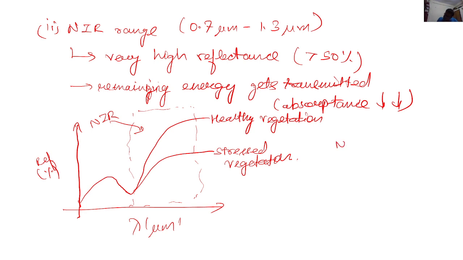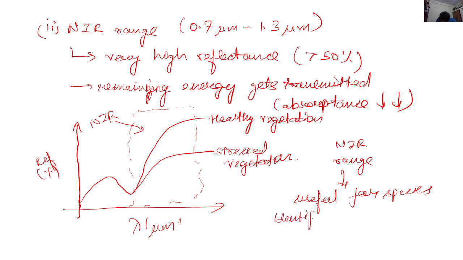So this near infrared range is primarily useful for stress monitoring, species identification, as I showed between the deciduous and conifer forest, or health monitoring.